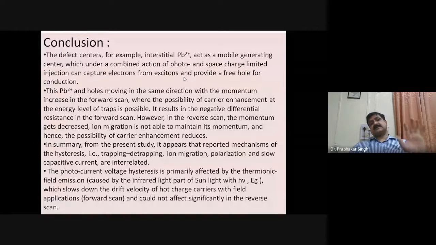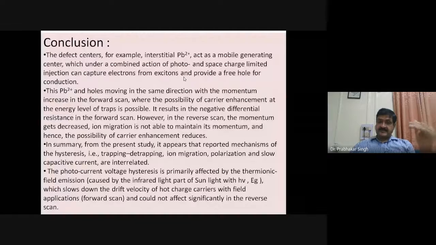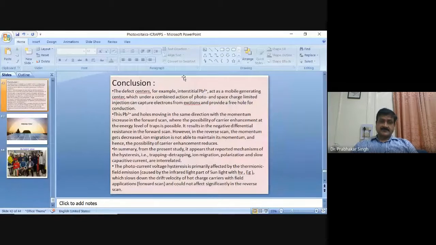So we conclude that the hysteresis area is basically generated because of the excitons and the small polarons, which are generated due to the light, and they are responsible for the losses in the conduction process.